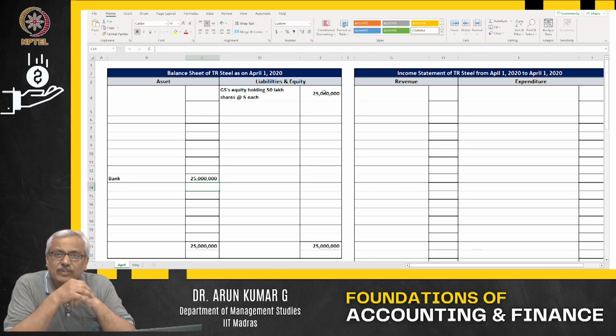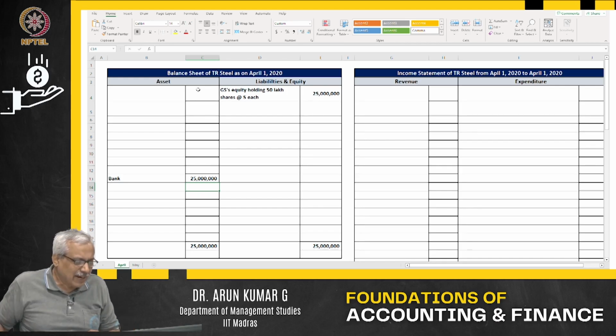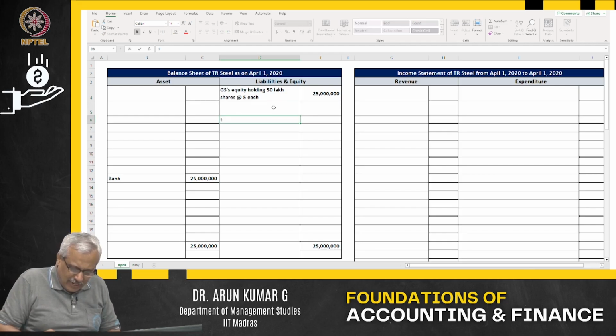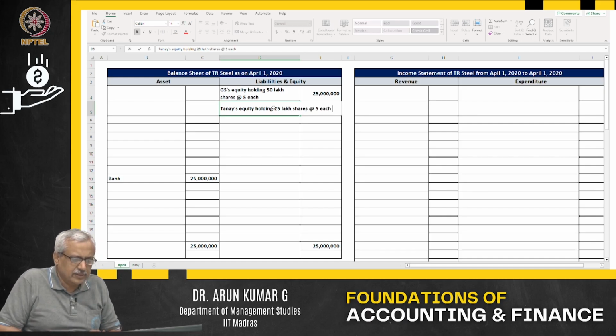Now, moving further, the second generation also has some equity, Tanay and Rishi. Let me again do equity. Tanay's equity holding of 25 lakh shares at 5 rupees each.